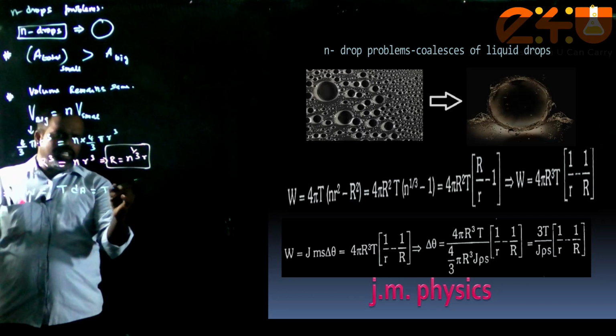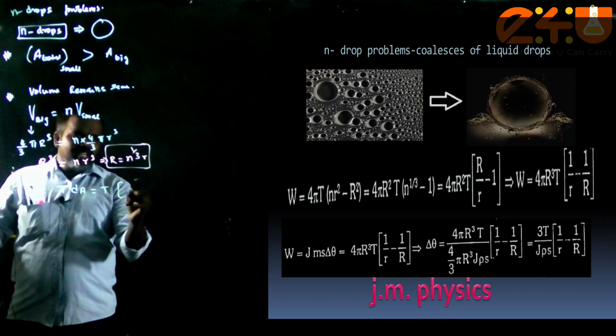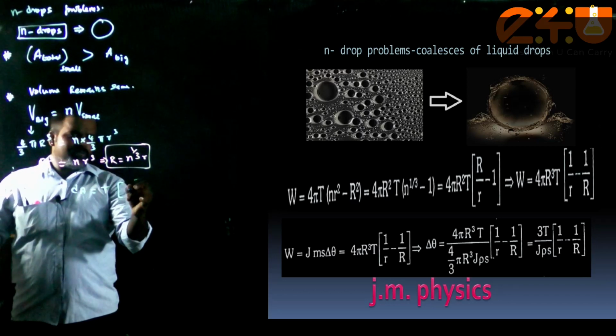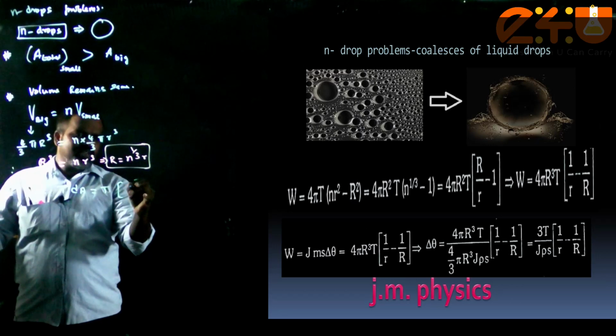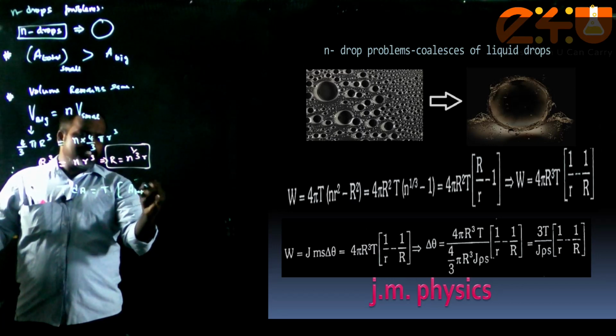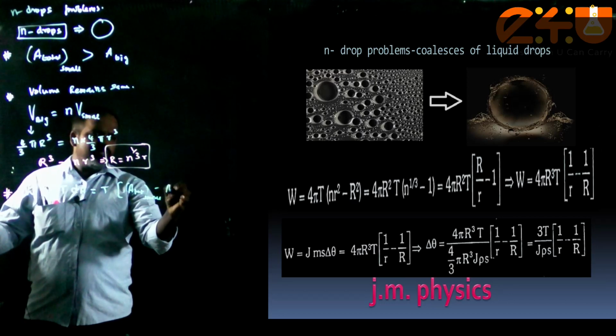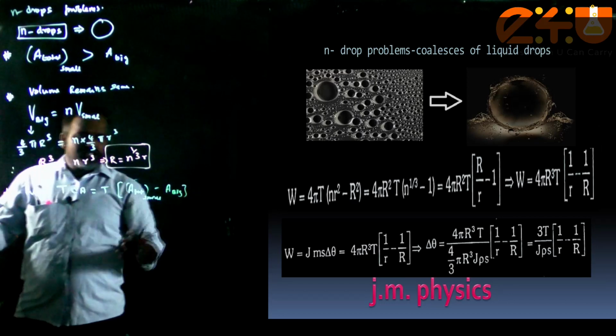So T into dA, where dA, the change in area, is nothing but the total area of the n smaller drops minus the area of the bigger drop, A big. So this is the relation.